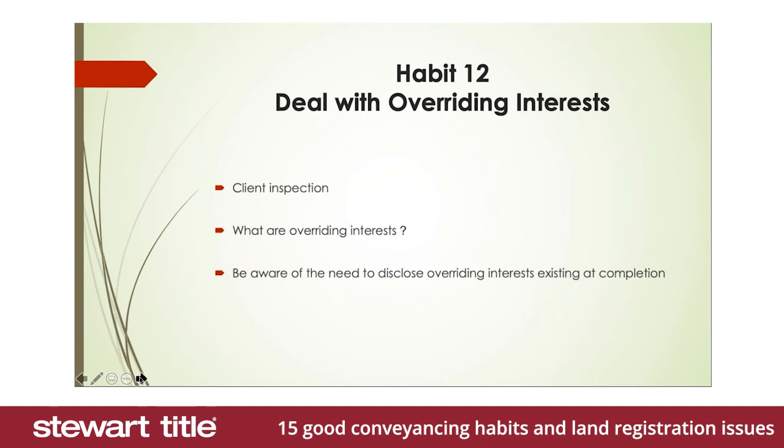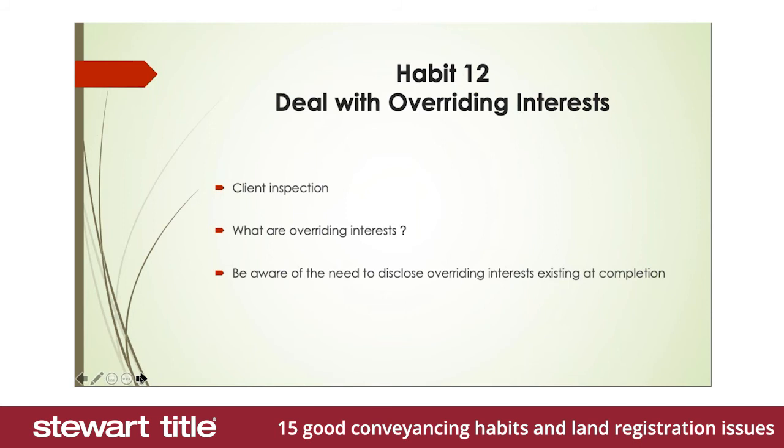So good habit, make sure that we deal with overriding interests so that clients, going back to my preliminary point, have this idea of what they need to be aware of to consent to the transaction progressing. The client needs to be aware that they have a duty to you to tell you about overriding interests that they see at inspection.